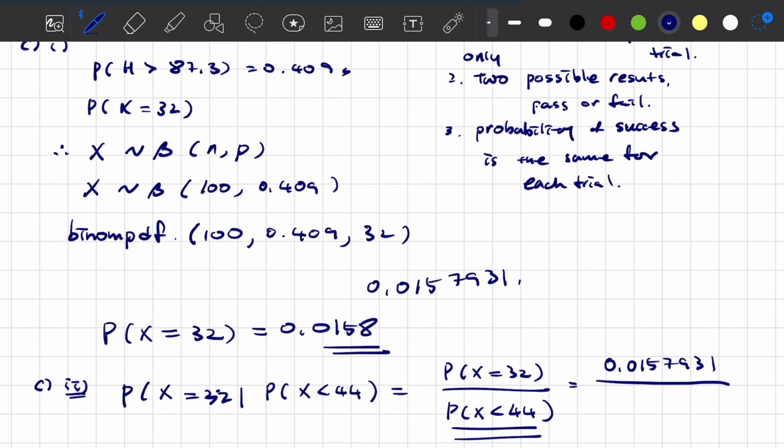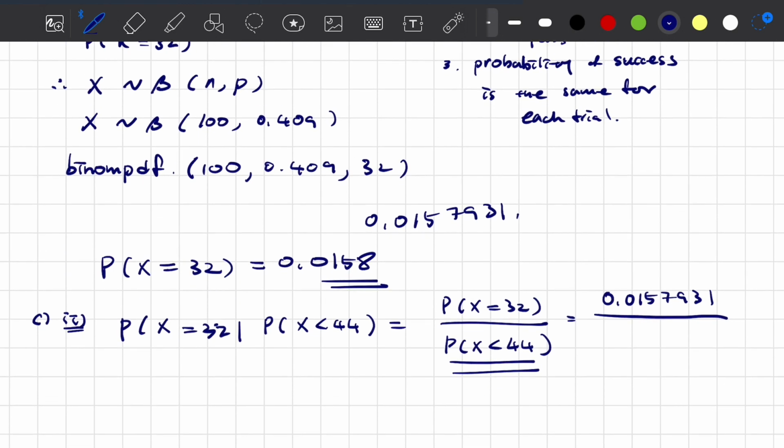So we actually have to calculate it before finding the final answer. Okay, so again, since this is still a binomial distribution, we have to change the probability that x is less than 44 to the probability that x is less than or equal to 43, so you can use the binomial distribution.